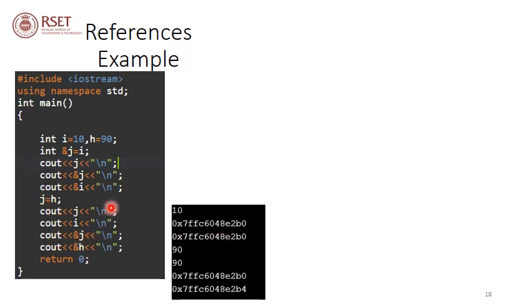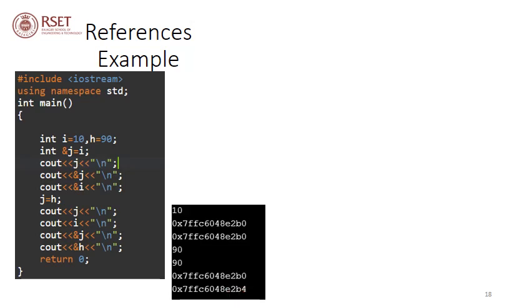We know that the address of i is 0x7ffc6048E2B0. Even after doing the operation j equal to h, cout ampersand j still prints the same address 2B0, while the address of h is 2B4, which is a different address.